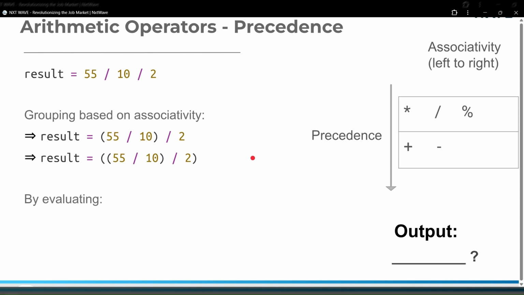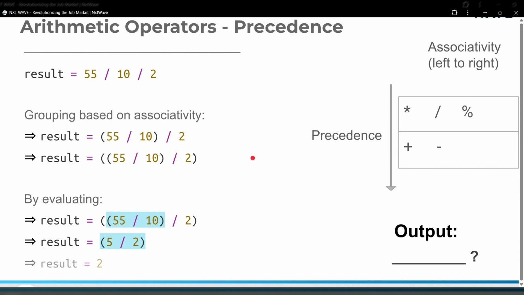By evaluating this, 55 divided by 10 is 5, because we took the result in the format of integer. Then 5 divided by 2 would actually give 2.5, but since the result is in integer format, the output will be 2. Did you understand?